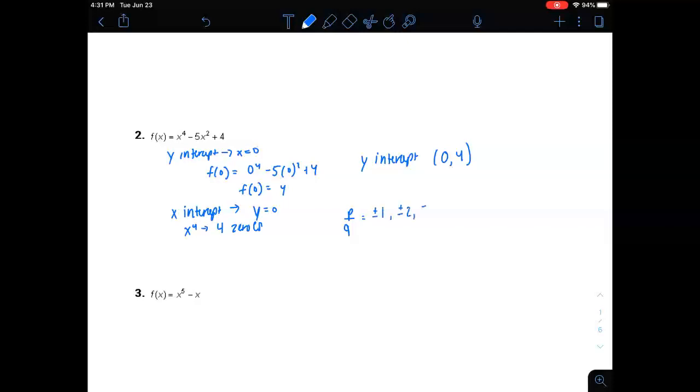So it's going to be plus or minus 1, plus or minus 2, plus or minus 4, over our a value, plus or minus 1. So really this simplifies down to plus or minus 1, plus or minus 2, plus or minus 4. All right, and those are possible real values.